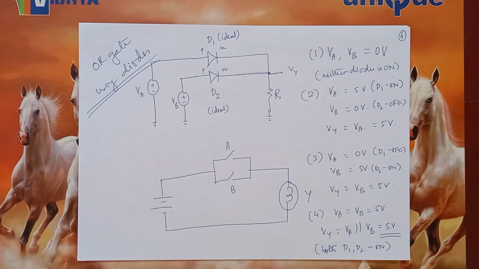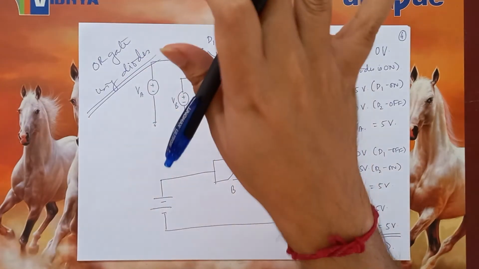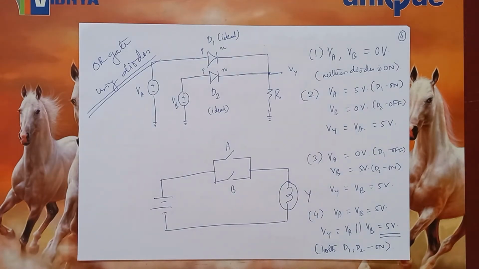Now, so far the discussion was very simple because we assumed that these two diodes, D1 and D2, are ideal. But as you know, ideal diodes exist in only one place, and that is nothing but the textbook.